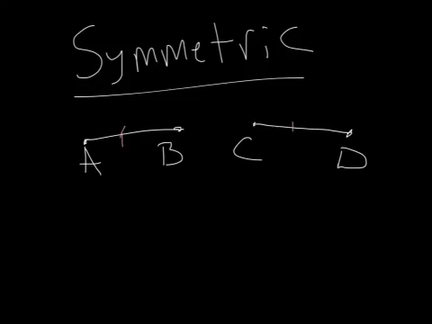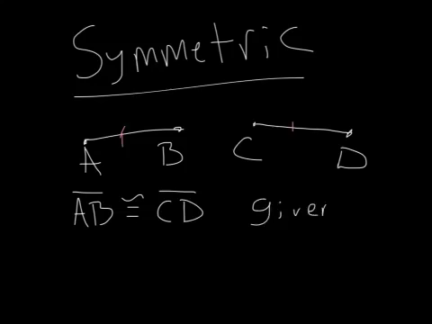We could say that AB is congruent to CD. Let's say that's our given information. That's given to us.